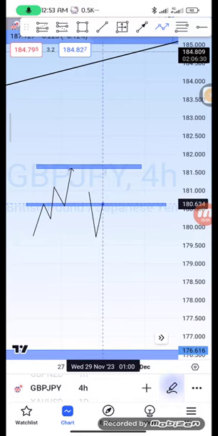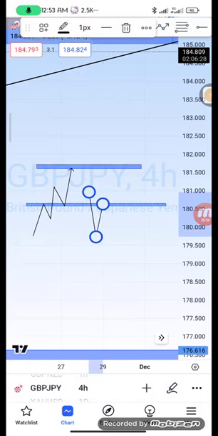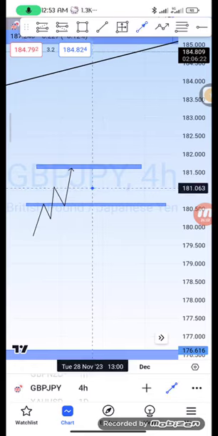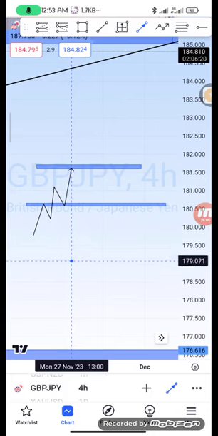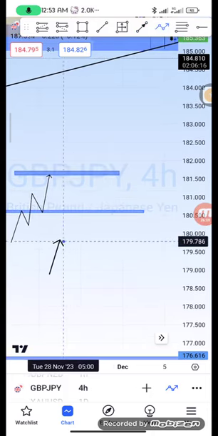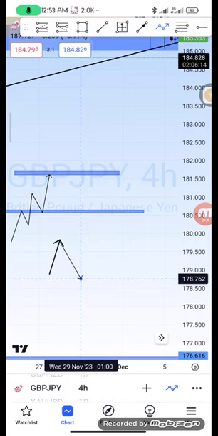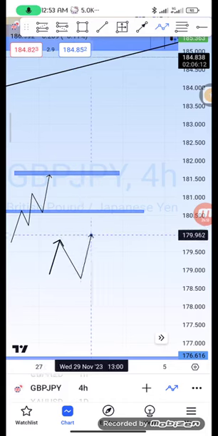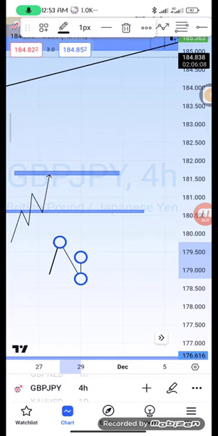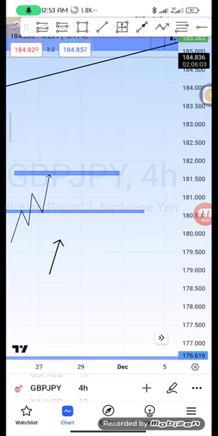Okay, so now when we talk of buy stop, I'm trying to make a recap here so that you guys can understand. Buy stop now means the market is still below. Let's say the market is moving, it's still below where you want to enter from here, means you already placed your position sizing tools.